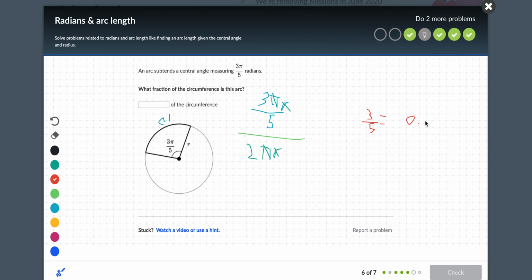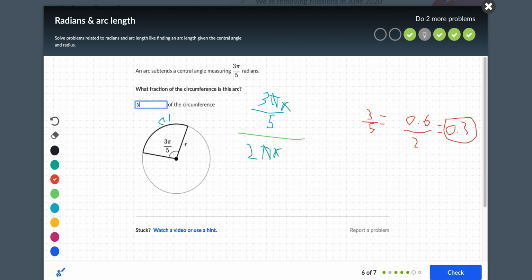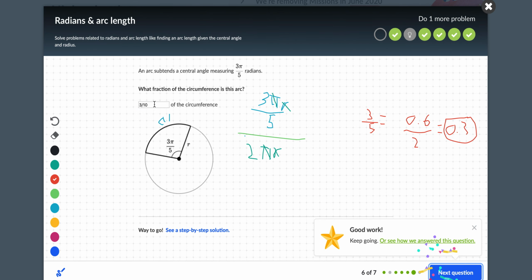That's 0.6, divided by 2, which equals 0.3. So it's 0.3 as a decimal, which means as a fraction, it'll be 3/10 of the circumference.